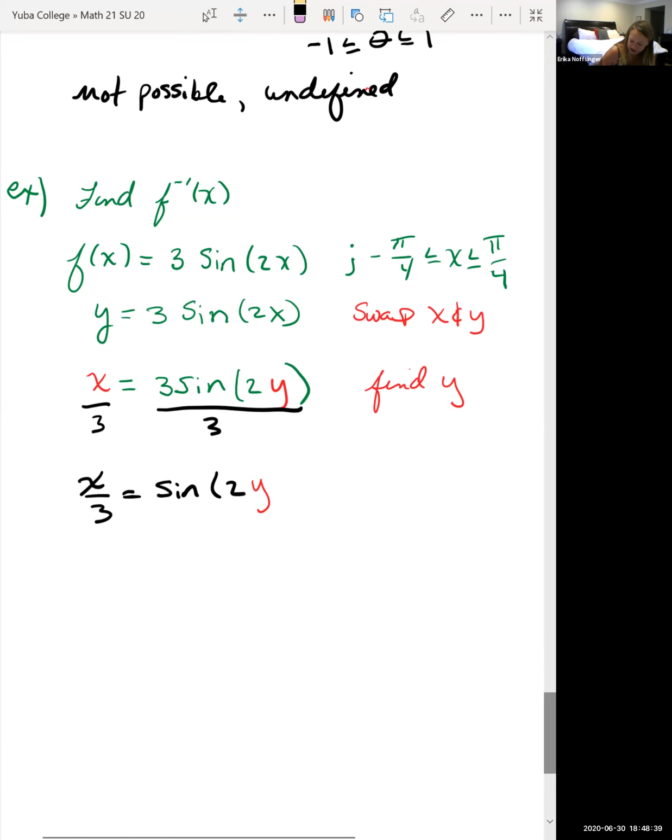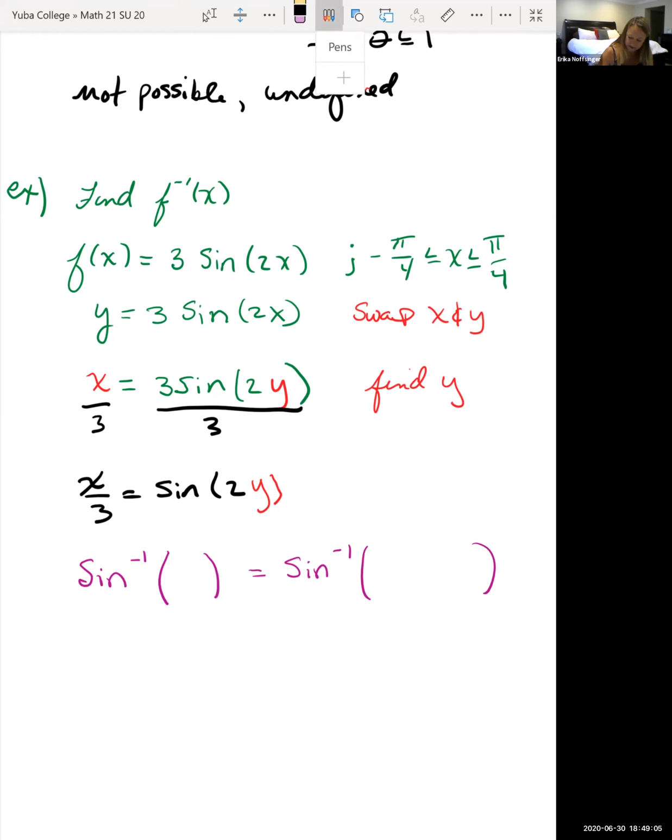So we're almost there. Get y by itself. To undo the sine, we can take the sine inverse of both sides. So we have sine inverse of x over 3 is equal to sine inverse of the sine of 2y.